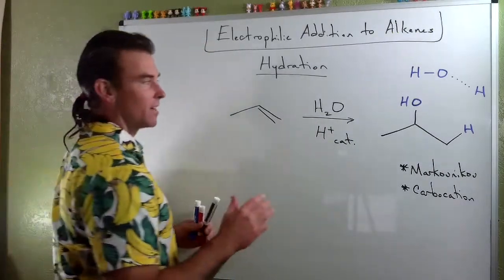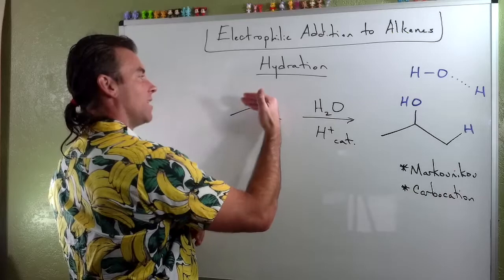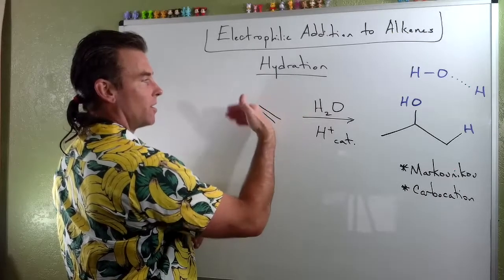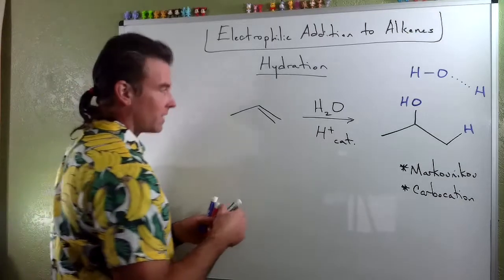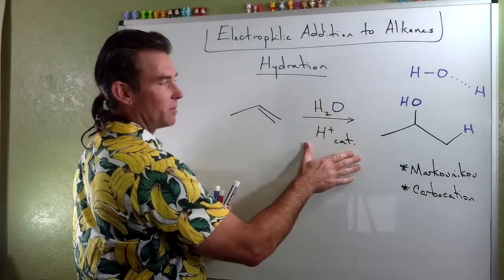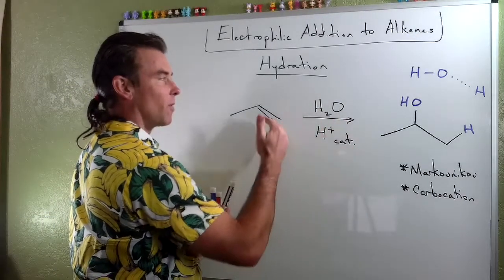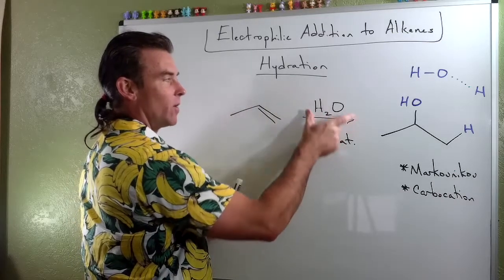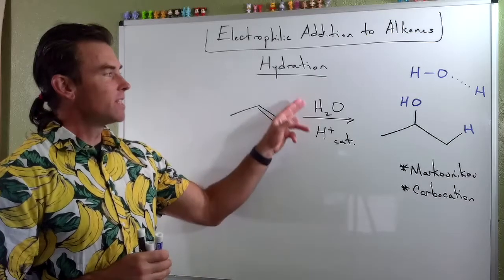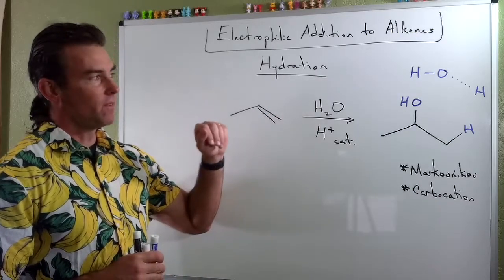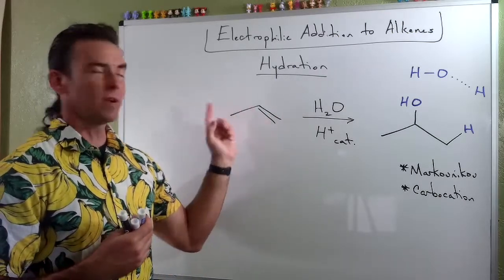It's probably not going to surprise you to recognize that eventually, somewhere, I'm going to show a double bond kind of swinging out. Well, it turns out that the reason that we needed that H plus catalyst is that before we swing that double bond out, we have to do a step which I call sweetening the pot, right? It turns out that H2O in and of itself isn't kind of built to do this reaction perfectly.